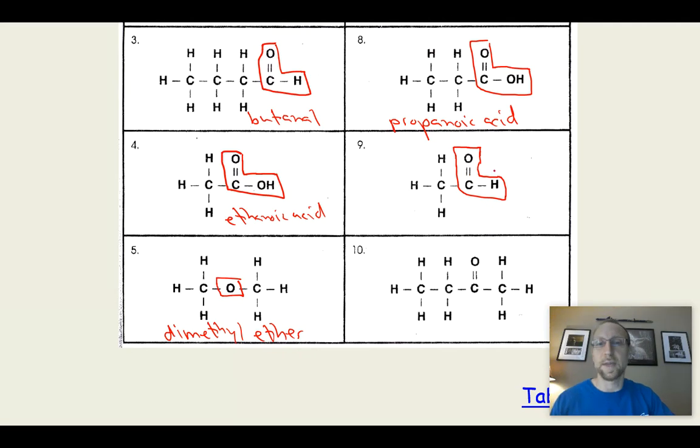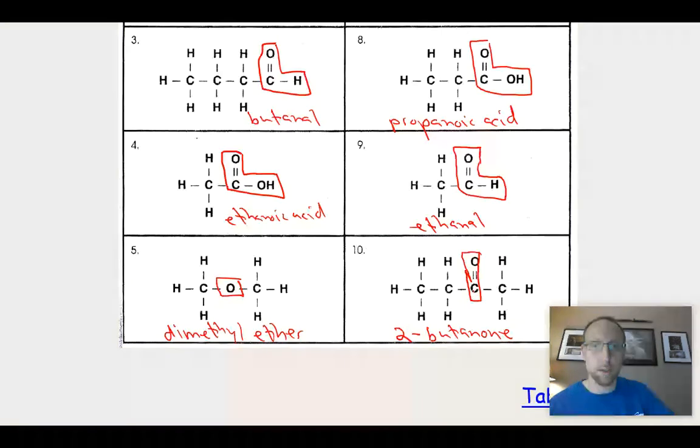So that's ethanal. And then my last one, here's my carbonyl group. It's on an interior carbon, so it's a ketone. So this is butanone. And now what's my number? 2, right? Lowest possible. Not 3, 2. There's no such thing as 3.